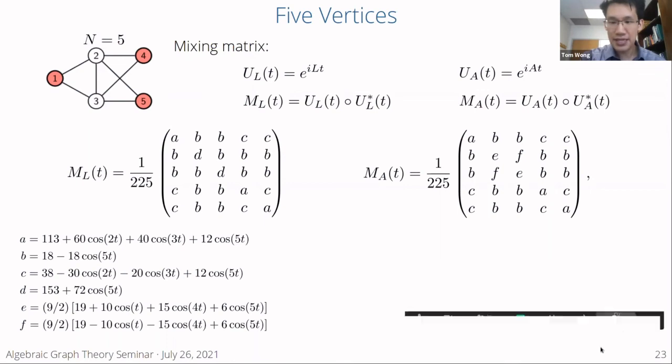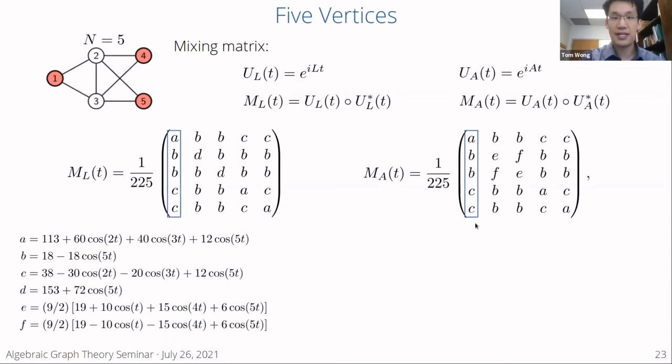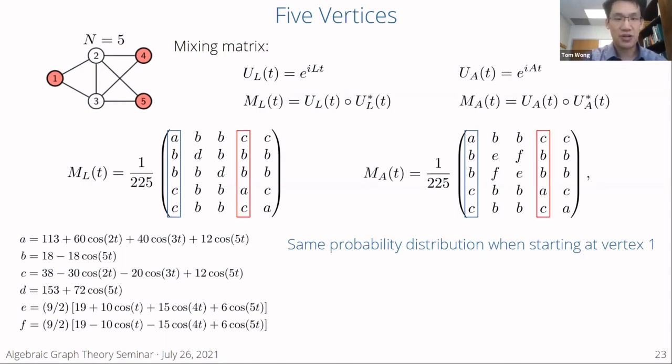But the main idea here is that if you compare these columns, you see how column 1 and column 2 are identical. That means they have the same probability distribution if you start at vertex 1. So that proves that you have equivalent quantum walks when you start at vertex 1. Similarly, if you compare columns 4 and 5, they're identical.